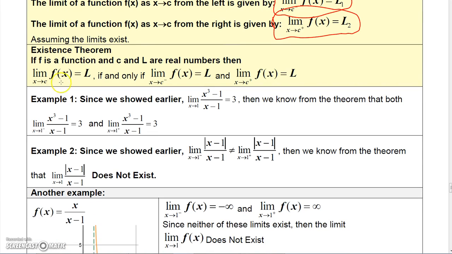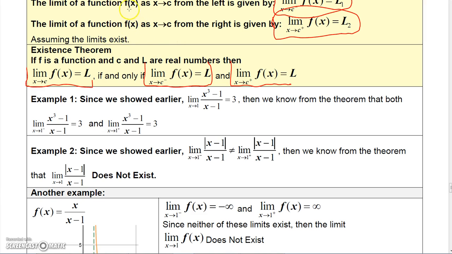And then there's an existence theorem, which reiterates what I just said: if f is a function and c and L are real numbers, the limit of f of x as x approaches c equals L if and only if the left-hand limit equals L and the right-hand limit equals L. So in other words, in order for a limit to exist and be a real number, the left and right-hand limits must also equal the same number.